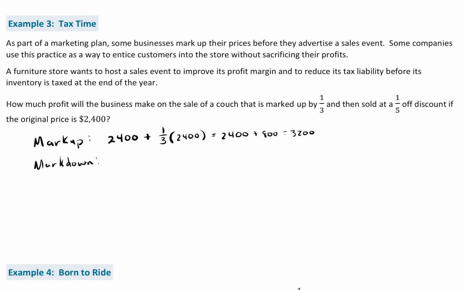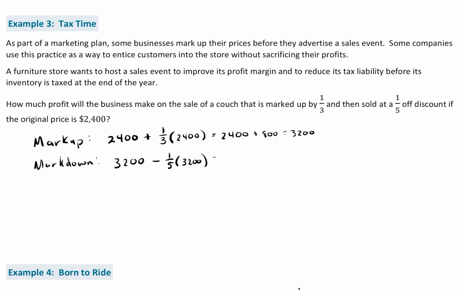So for the markdown, we have the new price, the $3,200, and we're going to take off 1/5 of that price. So 3,200 times 1/5, and that's going to be our markdown when we take that away from the new higher price.